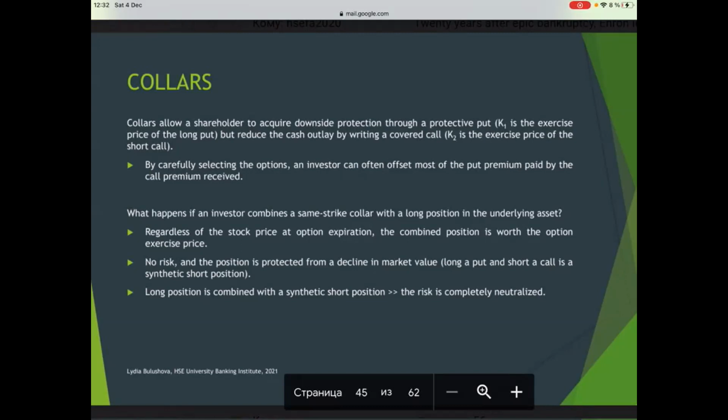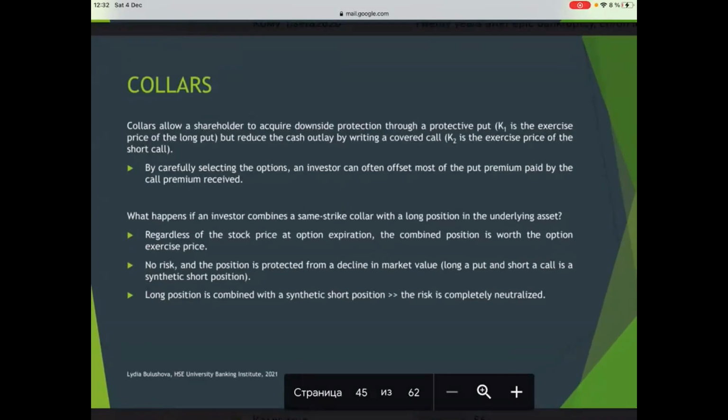We have discussed it during the previous slides. So in fact, I have a long position and a short position. In fact, I have a neutral position. So if we scroll to one of the previous slides, you're going to see that we have already discussed that long put and short call is a synthetic short.